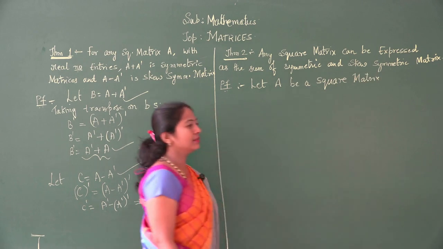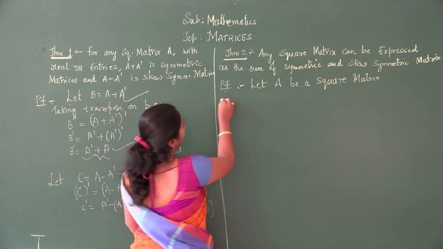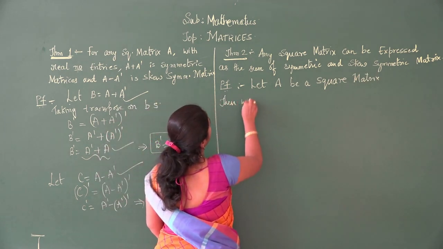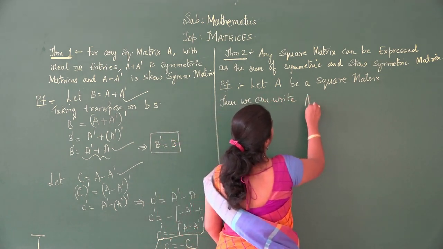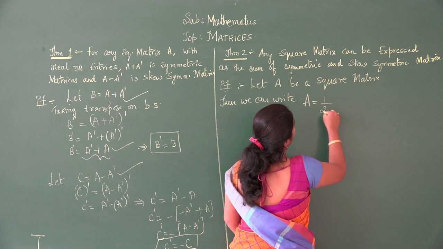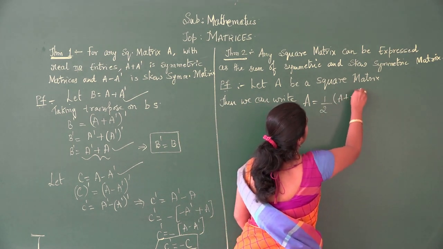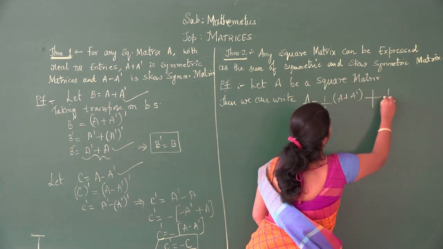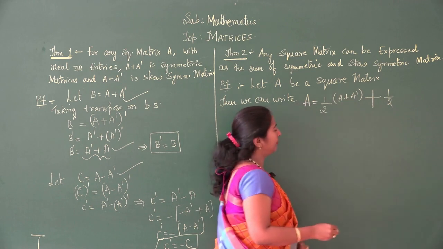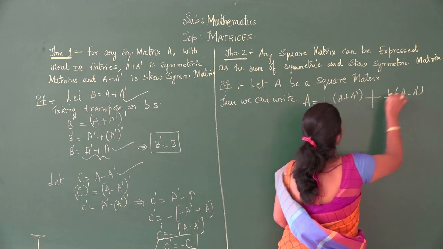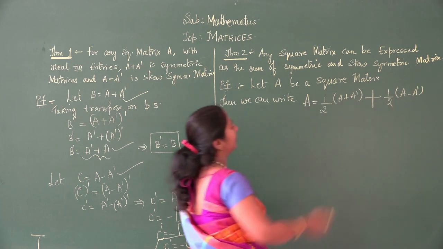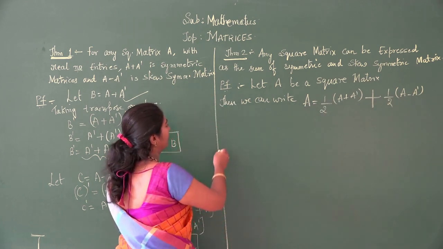Then we can write A is equal to half into (A plus A dash) plus half into (A minus A dash), or (A plus A dash) by 2 plus (A minus A dash) by 2.